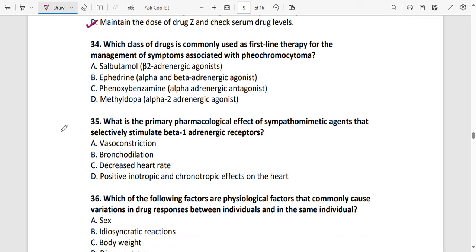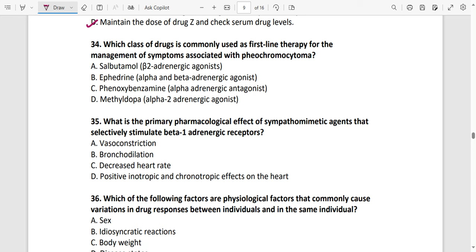34. Which class of drugs is commonly used as first-line therapy for management of symptoms associated with pheochromocytoma? Now, pheochromocytoma is a tumor of the adrenal gland where there is overproduction of hormones from the adrenal gland, things like noradrenaline.